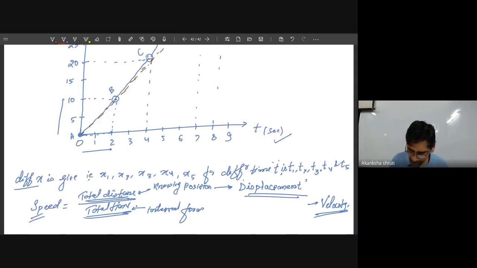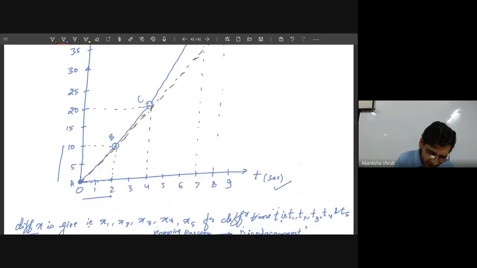So student, how to calculate that? If anyone is going to ask you something like this from this graph, you have to answer quickly. If I ask you what is the time elapsed from the 4th second to the 7th second, how much time interval is that?